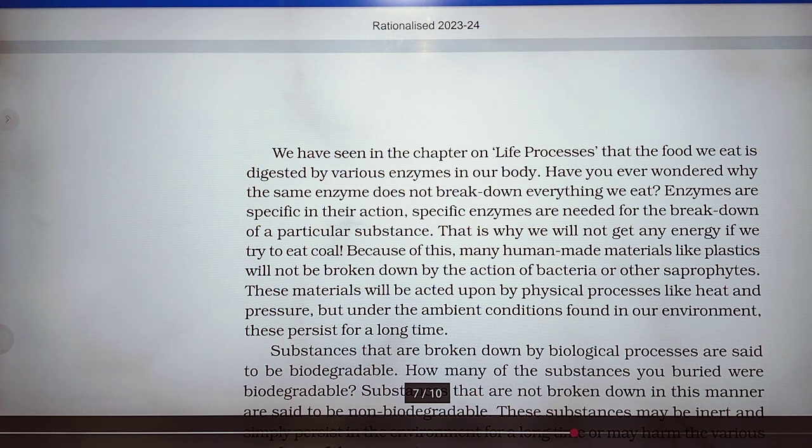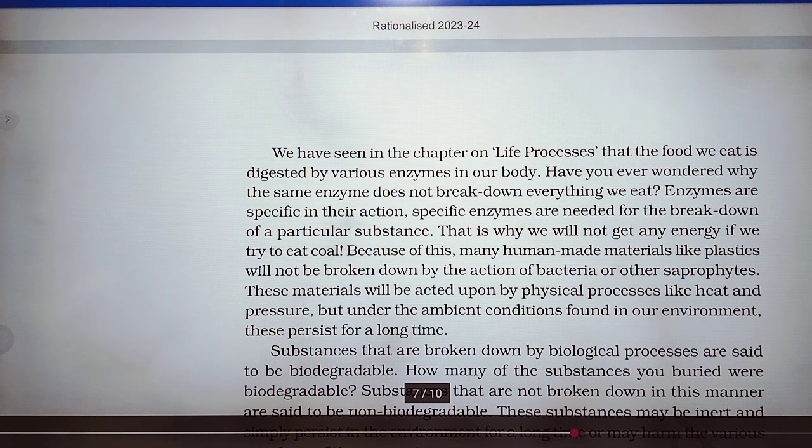Because of this, many human-made materials like plastic will not be broken down by the action of bacteria or other saprophytes.